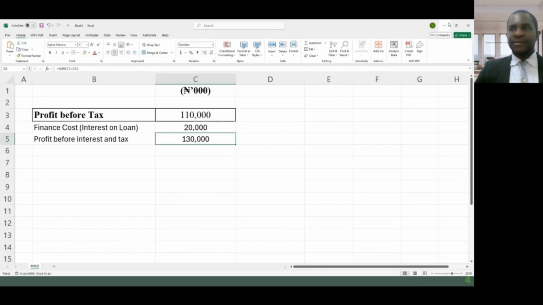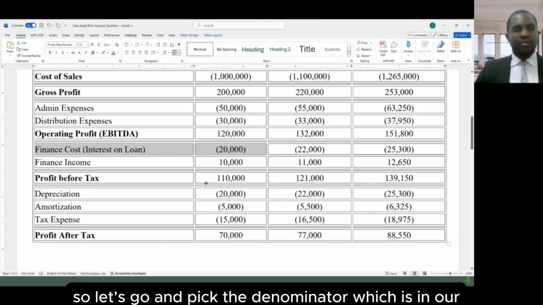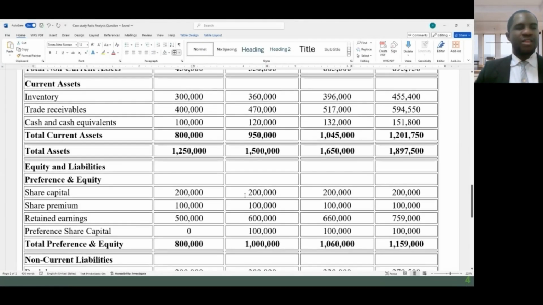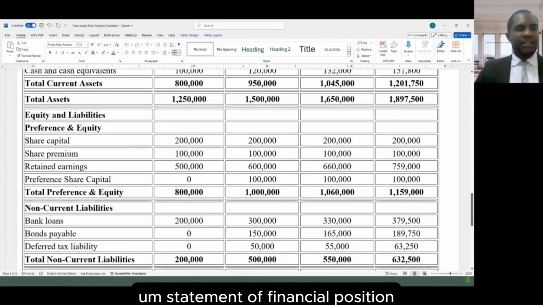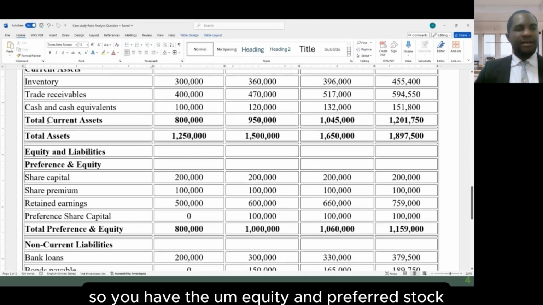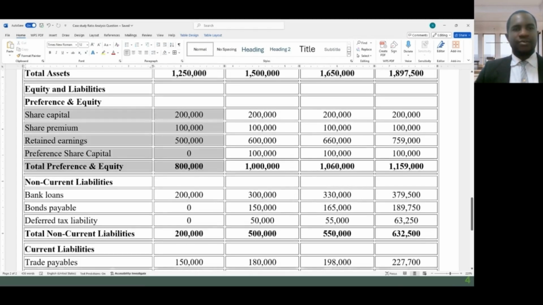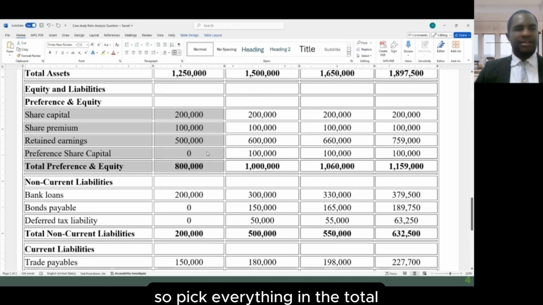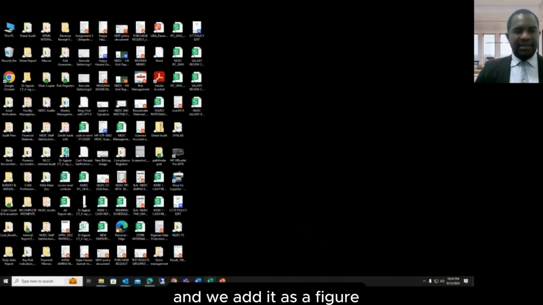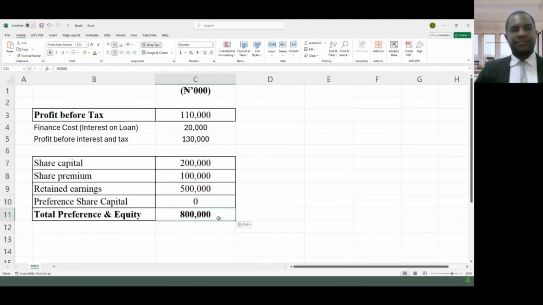So let's go and pick the denominator, which is in our statement of financial position. So you have the equity and preferred stock. So we'll pick everything in the total equity and preferred stock, and we add it as a figure.